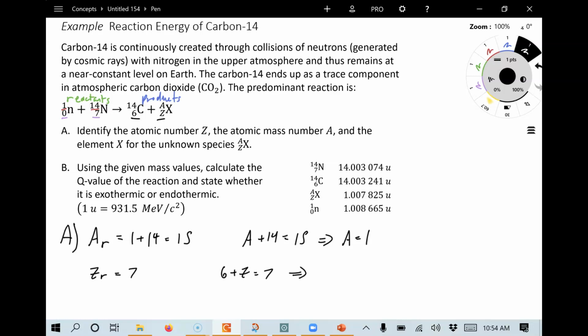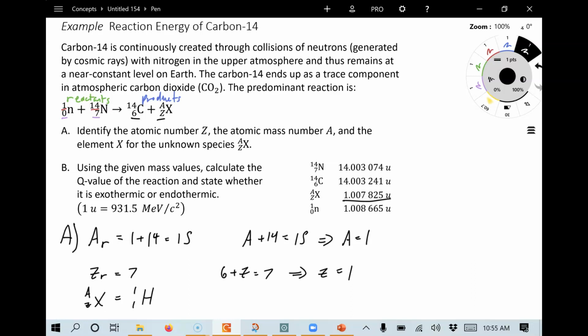The unknown Z value is equal to 1 as well. Z is 1, there's 1 proton, A is 1, there's only 1 proton, no neutrons, that's just an ordinary hydrogen atom. So this X with A and Z is actually hydrogen. And of course, if you check that mass, that is the mass for hydrogen.